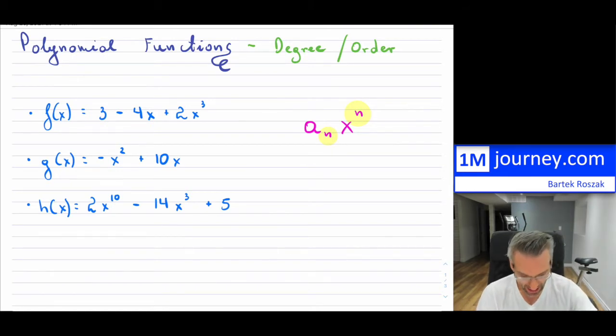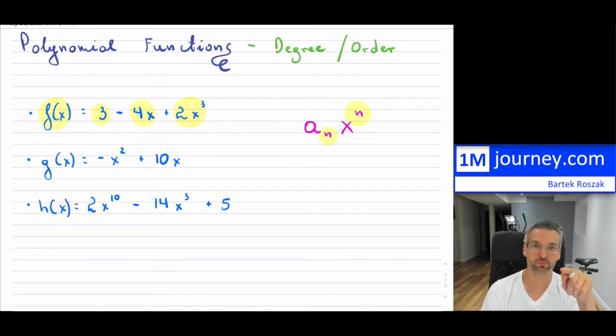So what I want to show you is that all of these functions, I'll take the first one, are nothing else but simply the addition and subtraction of these power terms. Here in the first one, I have a 3, and then it says minus 4x, and then I have plus 2x to the 3. If I take any of these terms, I can relate it back to the power term I just described.